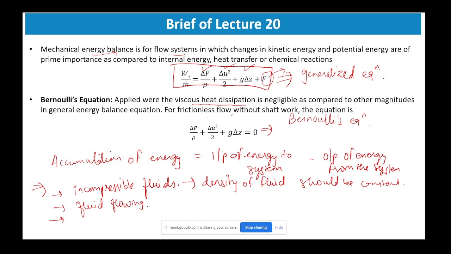So based on these kinds of assumptions, Bernoulli's equation helps you apply energy balance. It is nothing but energy balance. It can be applied for any kind of system which deals with incompressible fluids, and in which fluid is in motion or fluid is flowing.